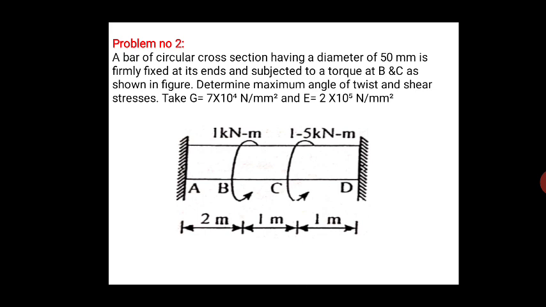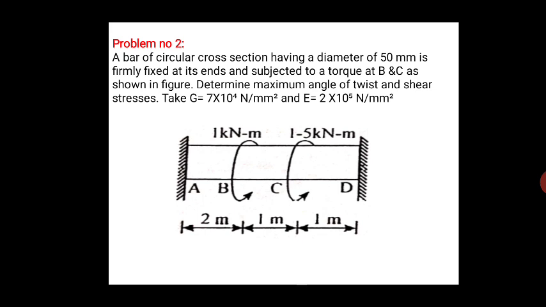Determine the maximum angle of twist and shear stress in the material. Take rigidity modulus G as 7 into 10 raised 4 Newton per mm square, and Young's modulus is given as 2 into 10 raised 5 Newton per mm square.